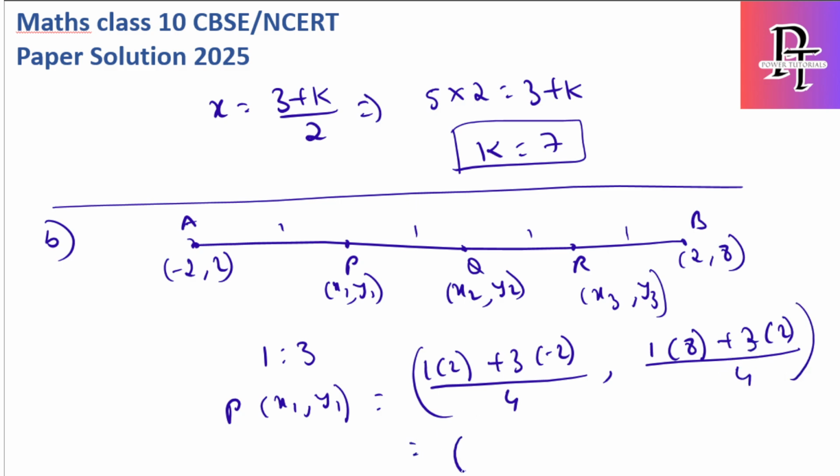So it is (2 minus 6) by 4, which is minus 4 by 4, which is minus 1, and (8 plus 6) is 14 by 4. Let's write it again: if I divide by 2, it becomes minus 1, 7 by 2.